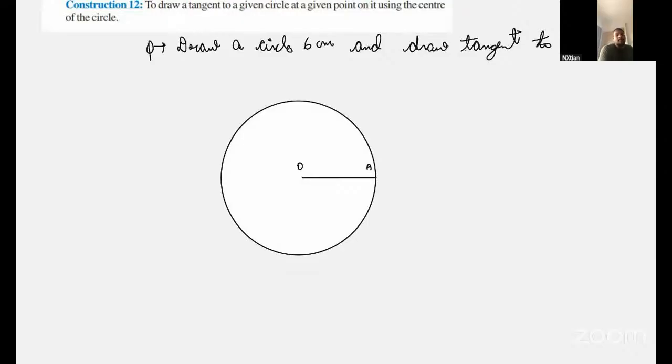Now you guys tell me, we make a circle of radius 6 centimeter. So how can we make a tangent from it now? Any idea? Just give it a try.